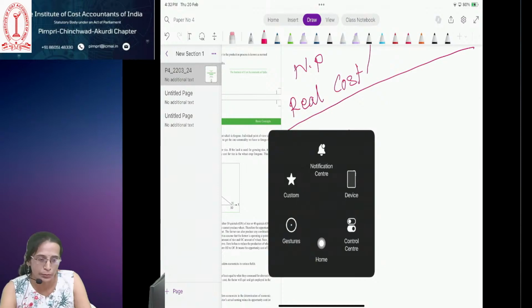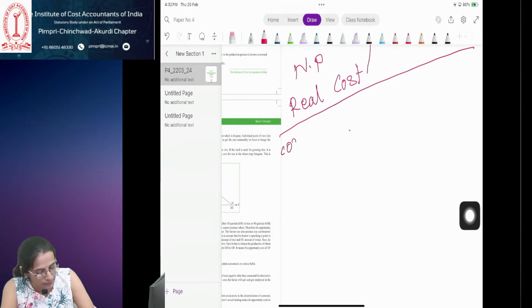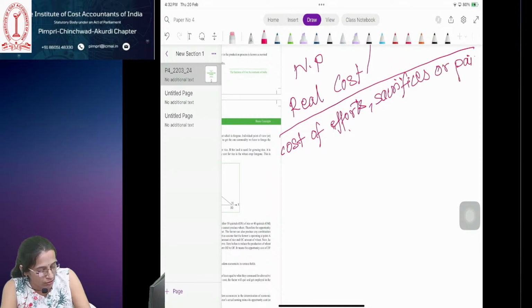Real cost is a bit of a new term which you will all be hearing. So real cost is the cost of efforts, sacrifices or pain in producing the finished goods.